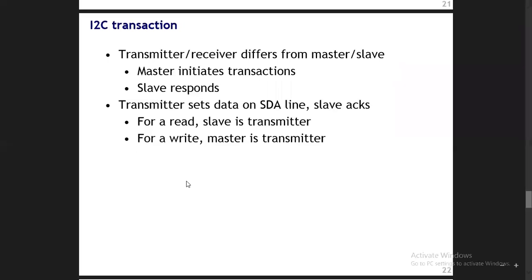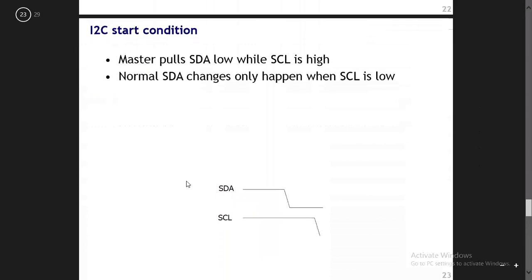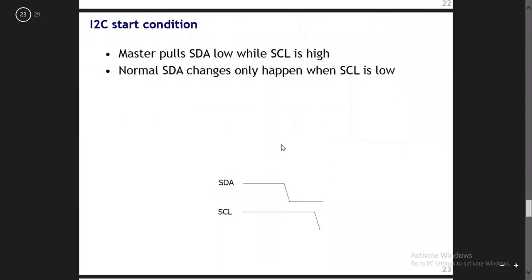So, okay, how does a transaction establish on the I2C bus? Well, this is another very important and distinct aspect of the I2C protocol. Master basically pulls SDA low while SCL is high.